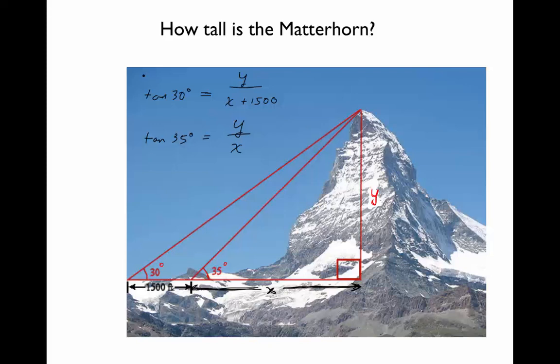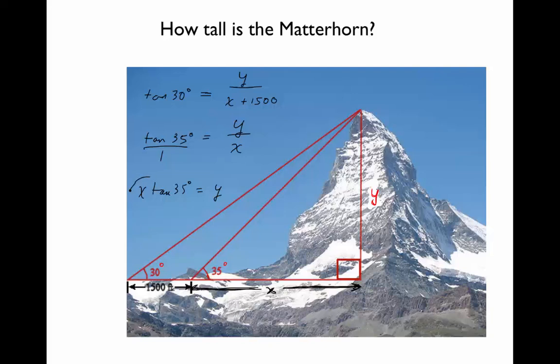Okay, so now we have two relationships and two variables that we need to solve. We want to solve for y. So we could take this one and solve it for x, and plug it in down here. For instance, cross multiply: x tangent 35 would equal y.